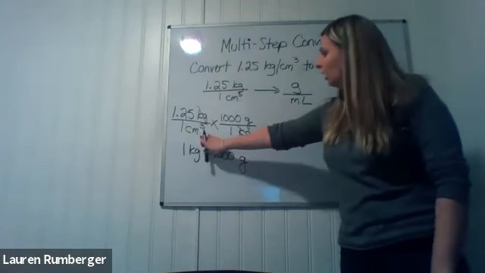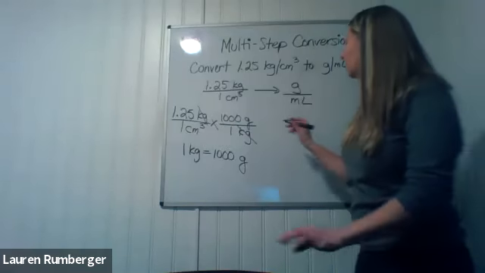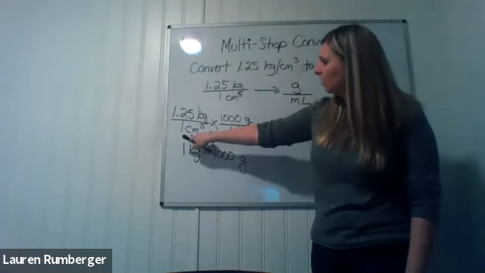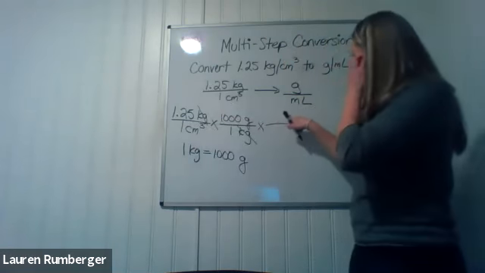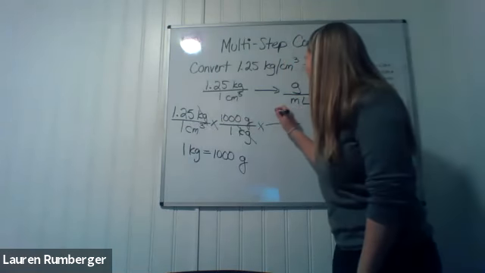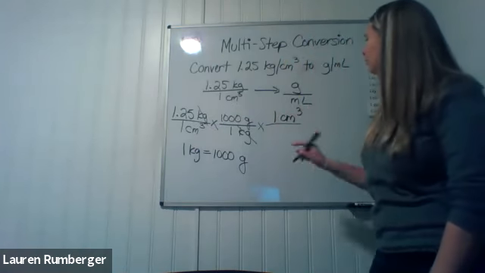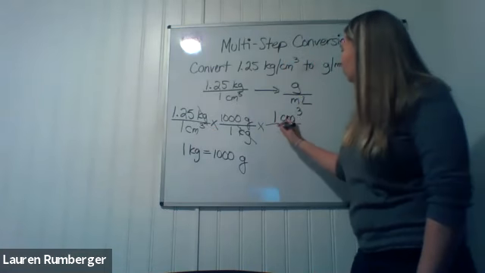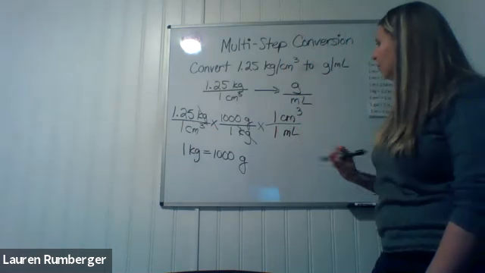So in order to change our units of cubic centimeters to milliliters, now if cubic centimeters is in the denominator and we want to change that, we need to cancel it in the numerator. So we're going to put 1 cubic centimeter on top, and then we want milliliters in the denominator, per 1 milliliter on the bottom.